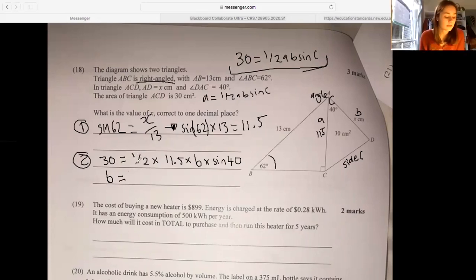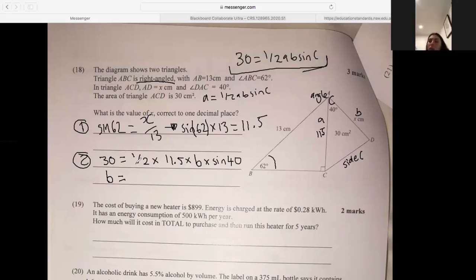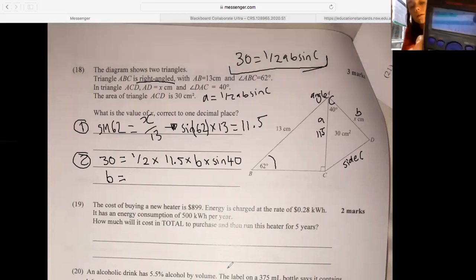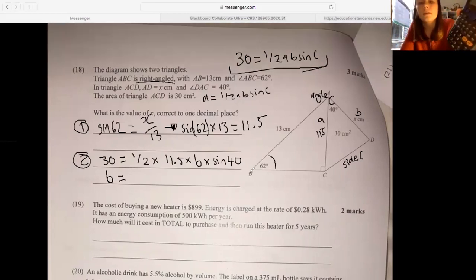Because I don't know how, wait, let me see. 30 divided by 0.5 divided by. Actually, it should work still. Wait, I don't know. Can you see my thing? Is this what yours looks like? Wait, let me stop my share if I can see.